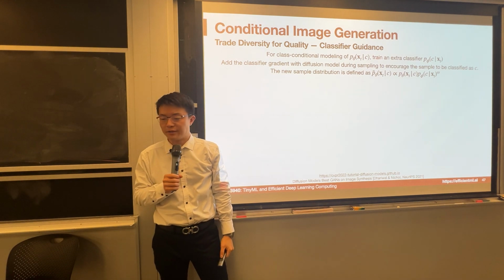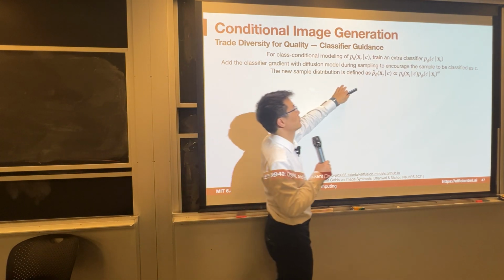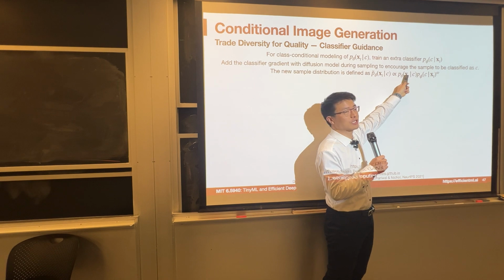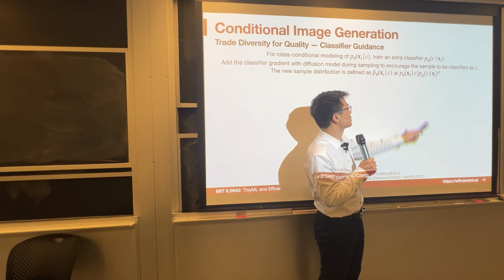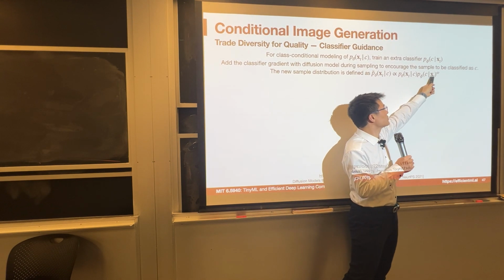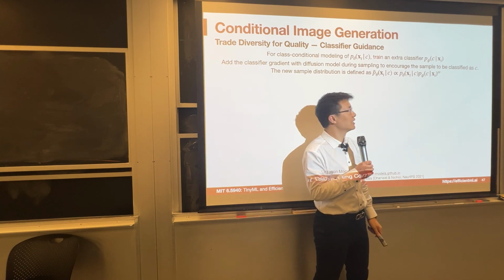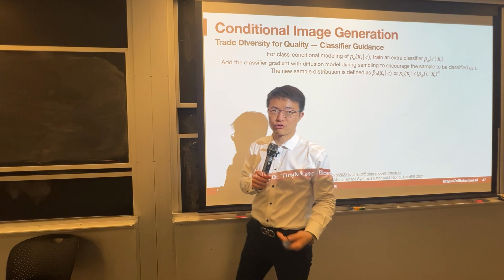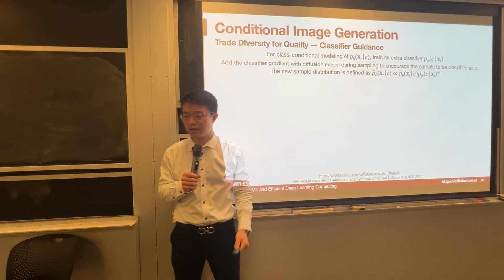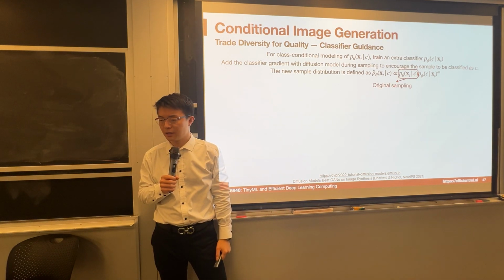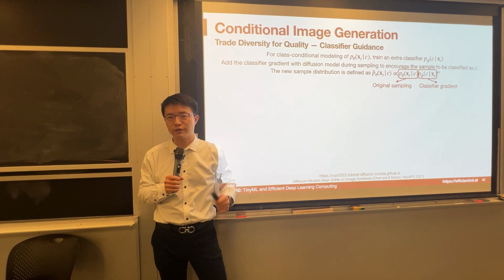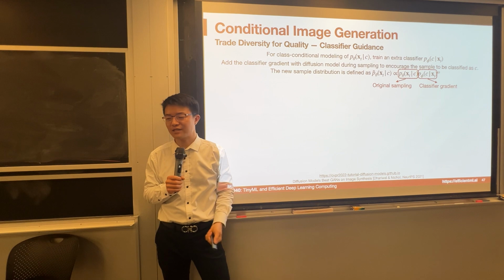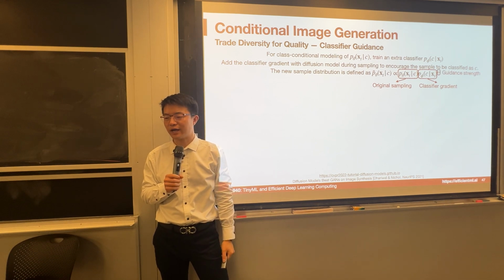The new sample distribution is defined as: generate this xt from this class, but also this xt should be predicted as this class, and we put omega as the strength to control the relationship. So this is the original sampling plus the classifier's gradient to make sure the generated image will be classified as the original desired class.